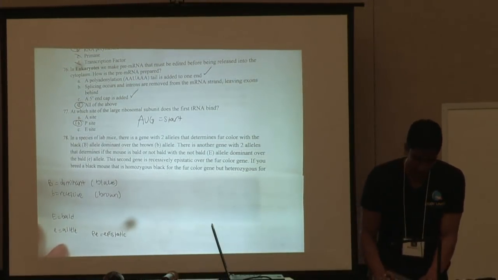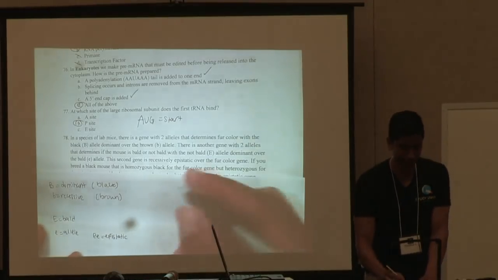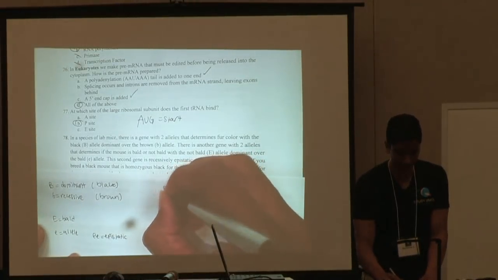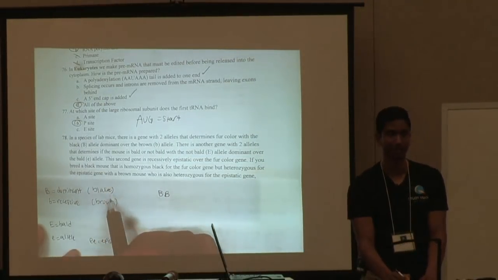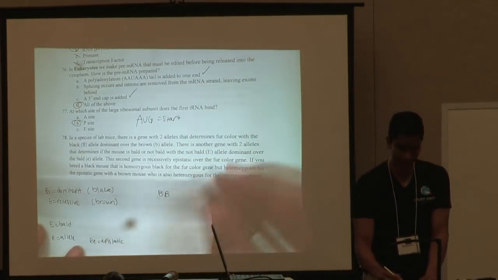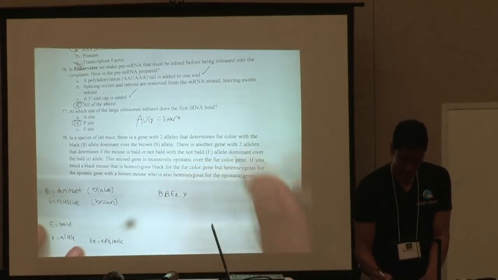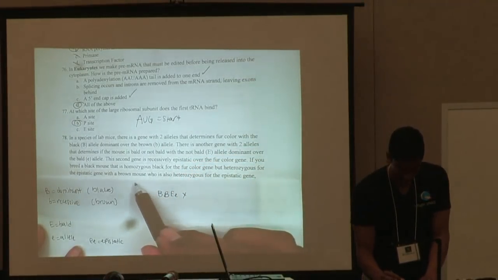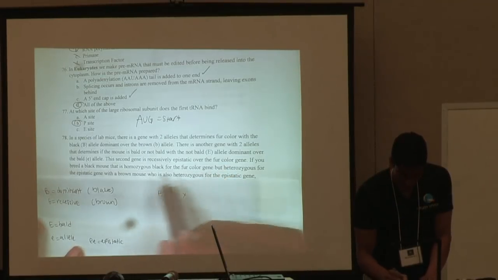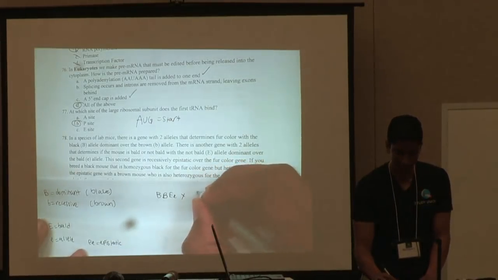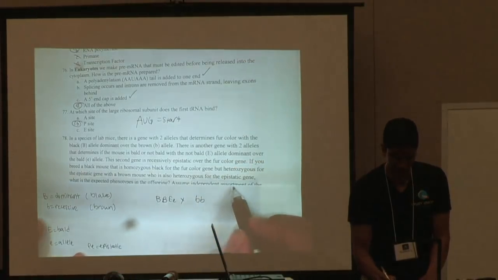All right, so if you breed a black mouse that is homozygous black, so what is that? Good. But heterozygous for the epistatic gene, what would that be? Big E, little e? And a brown mouse, which is what? It was also heterozygous for the epistatic gene.